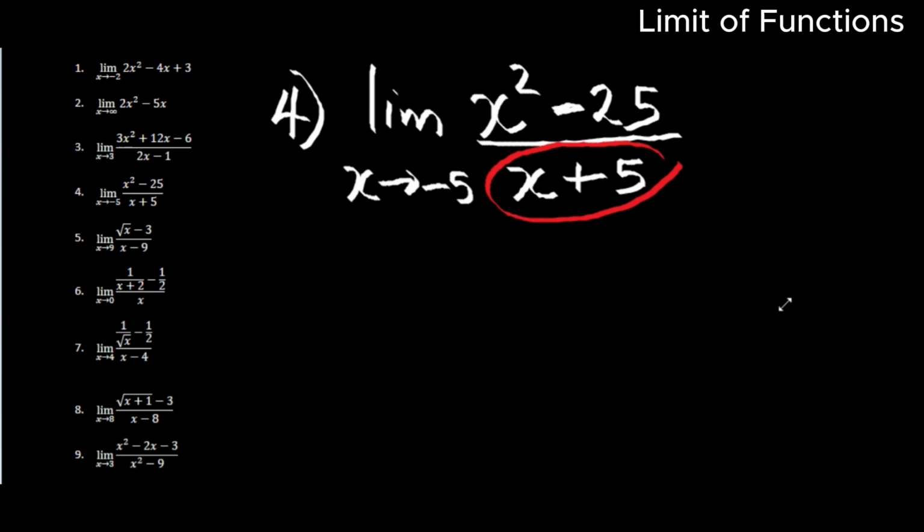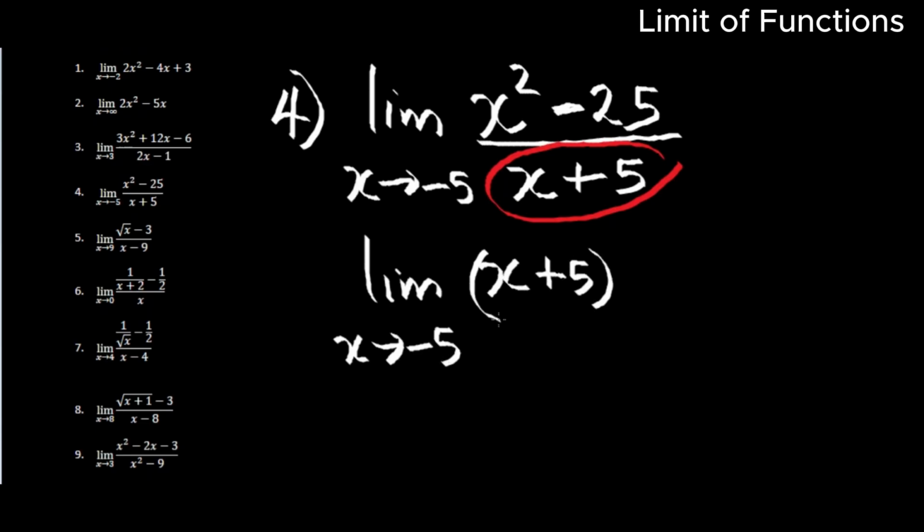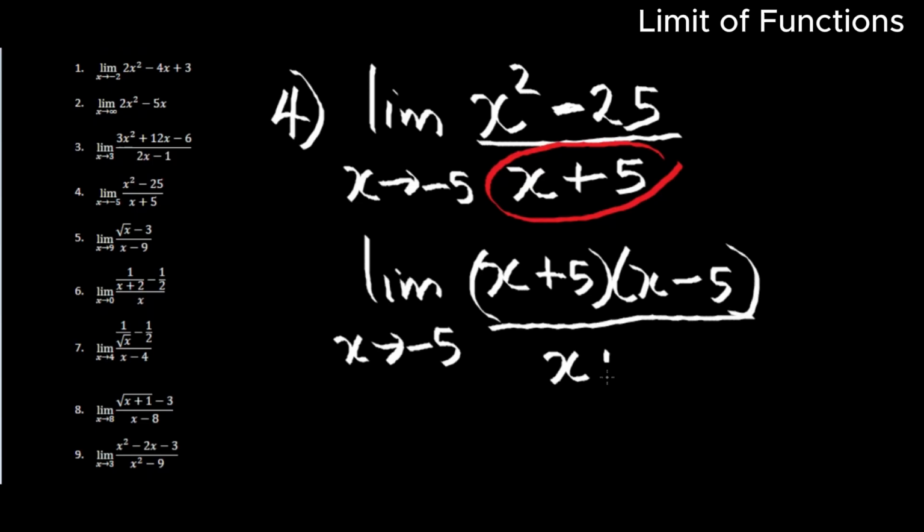We are going to do factorization. So that will be limit as x tends to minus 5, x plus 5, x minus 5, all over x plus 5. Wondering what happened? Now this is it.